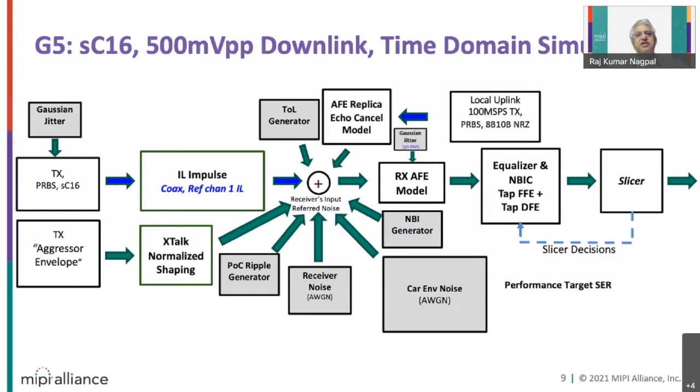Primarily handling NBI through FFE and DFE is the most important aspect of this A-PHY system model. Then it goes to a slicer, and slicer decisions come back to the equalizer, and the equalizer has algorithms which optimize the tap coefficients. So this is the basic, very top level profile 2 system model, and I think this is all.